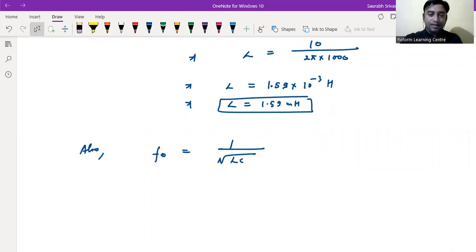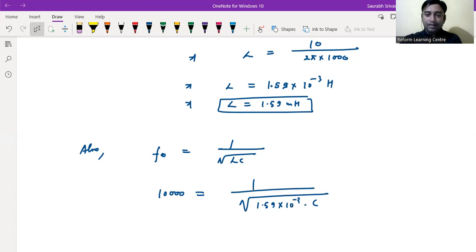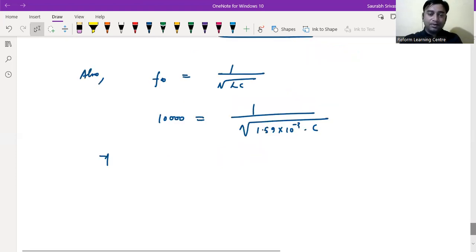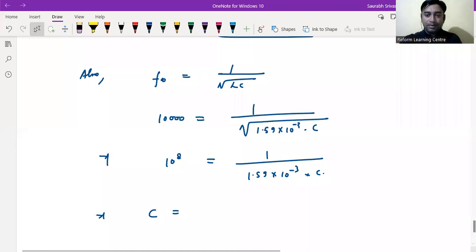And given resonant frequency is 10 kilohertz, is 10,000 is equal to 1 upon under root 1.59 into 10 to the power minus 3 into C, squaring both sides. 10 to the power 4 square will be 10 to the power 8 is equal to 1 upon 1.59 into 10 to the power minus 3 into C. C will be equal to 1 upon 1.59 into 10 to the power minus 3 into 10 to the power 8.